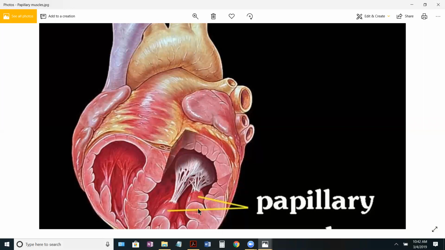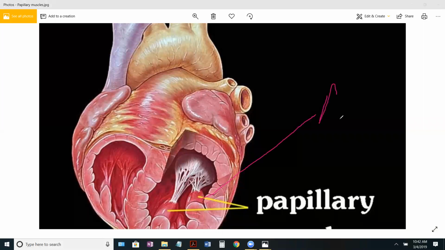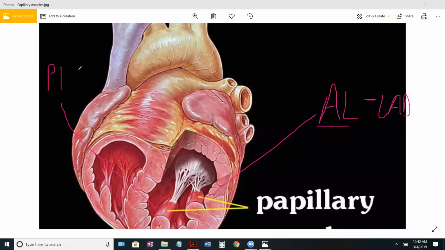Let me clarify it here: the anterolateral papillary muscle has only one blood supply, and that is the LAD. Oh no, sorry. The anterolateral has two blood supplies, and the posteromedial has only one blood supply, and that is the PDA. PM is the posteromedial, and it has only one blood supply, the PDA vessel.